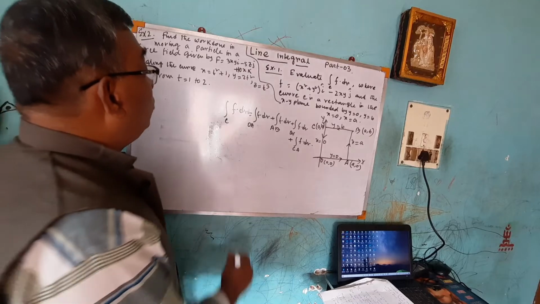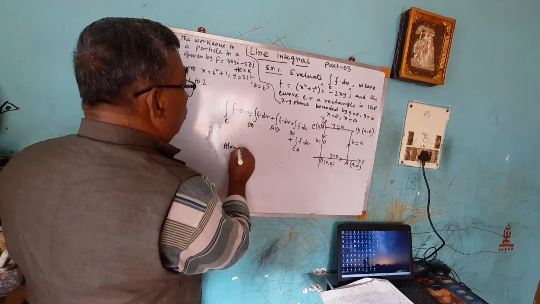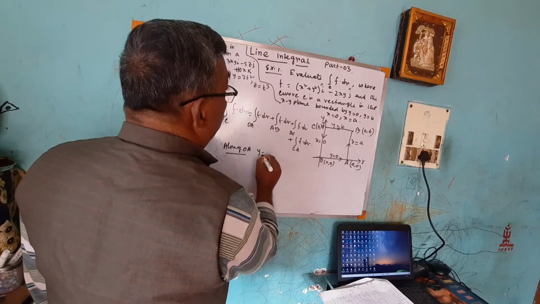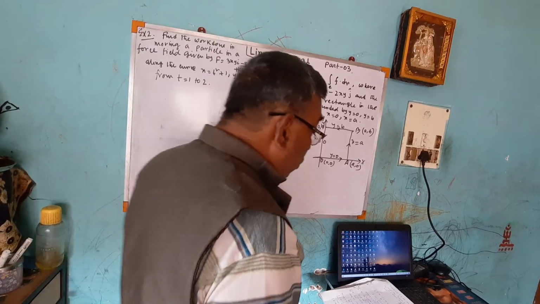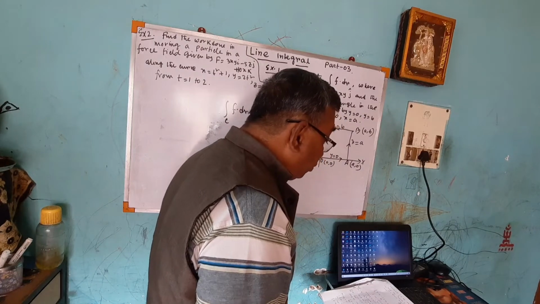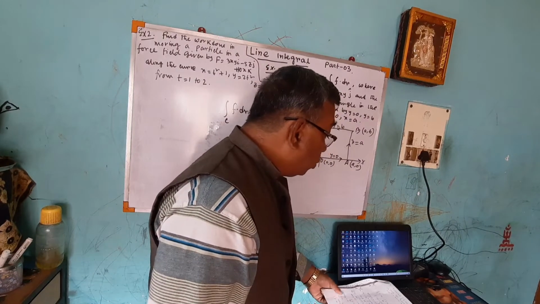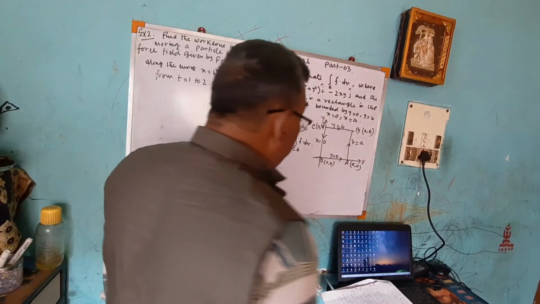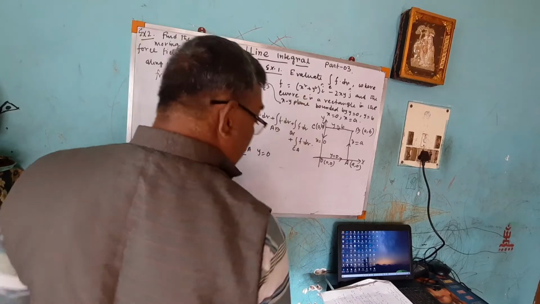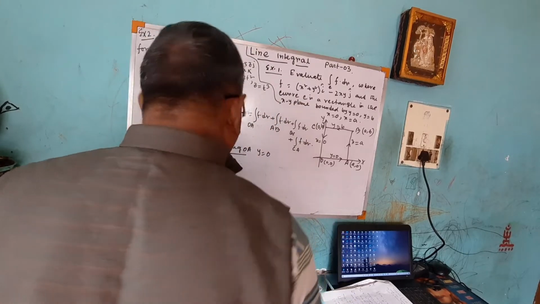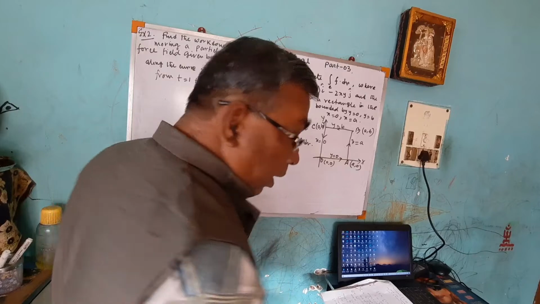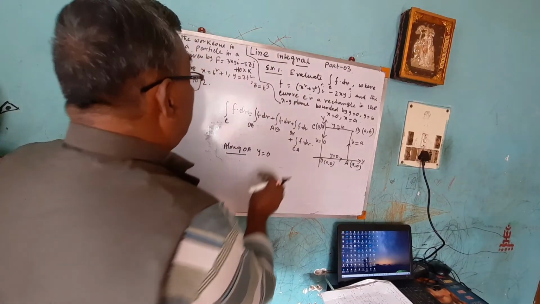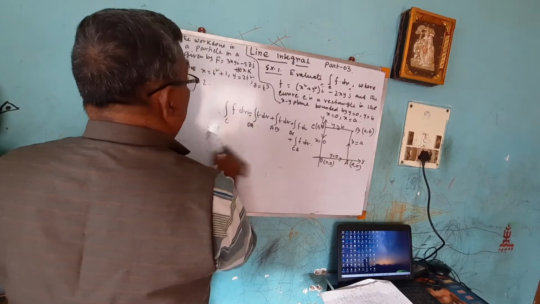Now one by one I am doing along OA. Before going to find along OA, we have to find what F dot dr actually is.